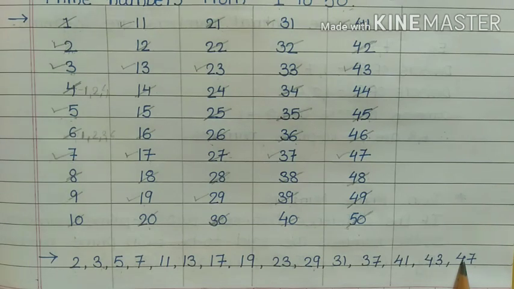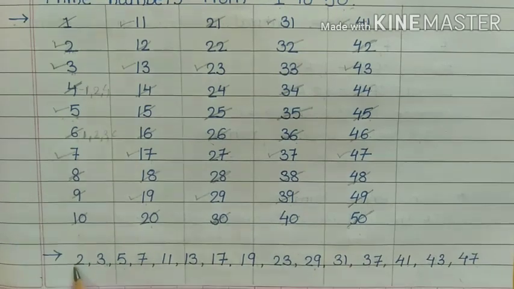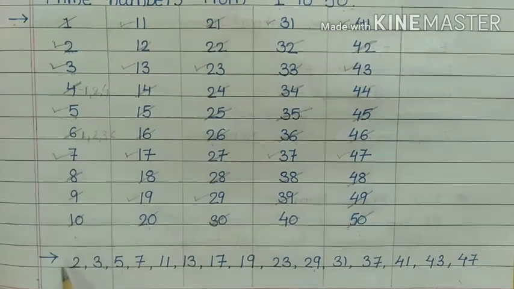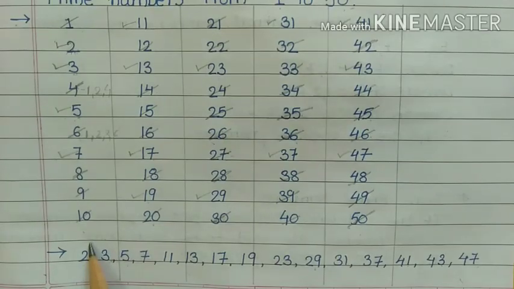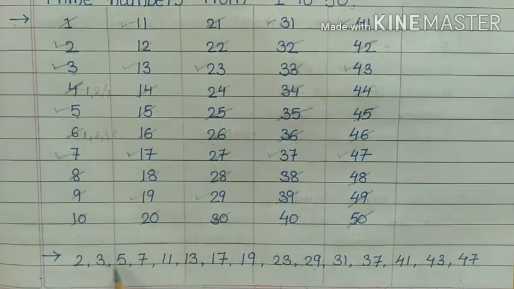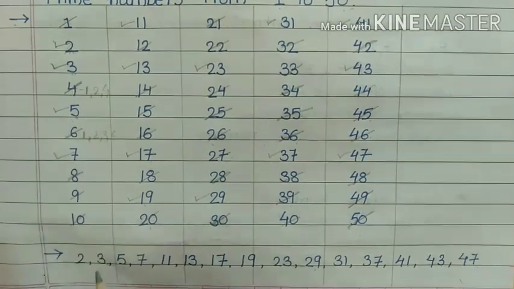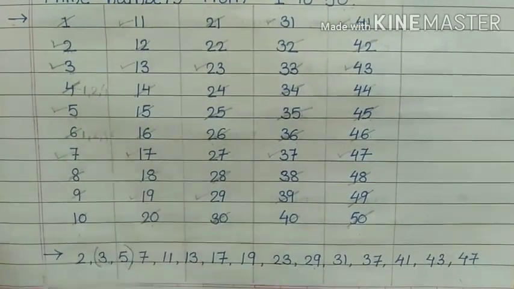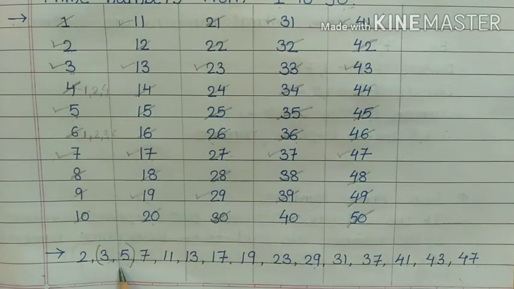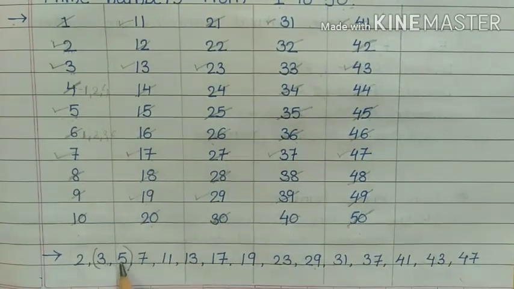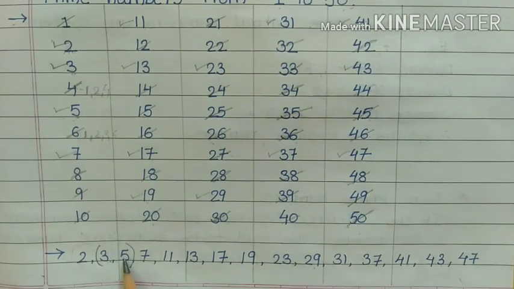What did they say about twin prime numbers? Difference 2. Okay. First see 2 and 3. 3 minus 2 is how much? 1. So this is not a pair of twin prime numbers. 3 and 5. What is 5 minus 3? 2. So 3 and 5 is a pair of twin prime numbers. Next 5 and 7. 7 minus 5 is 2.